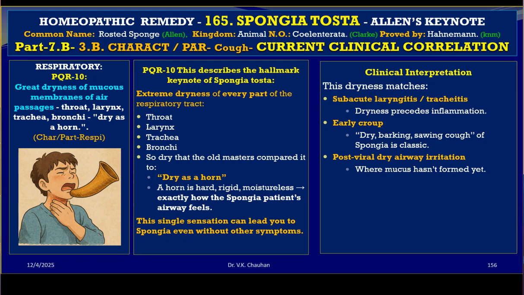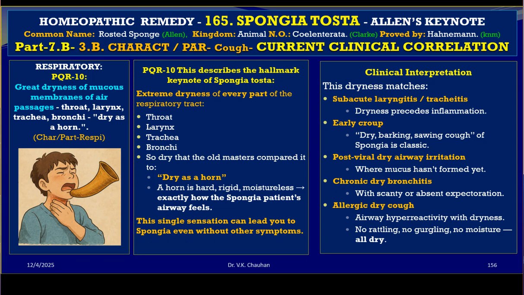Post-viral airway irritation is another possibility, where mucus hasn't formed yet. The mucous membrane is still dry. Chronic dry bronchitis with scanty or absent expectoration, and then allergic dry cough, airway hypersensitivity with dryness, no rattling, no gurgling, no moisture, all dry.